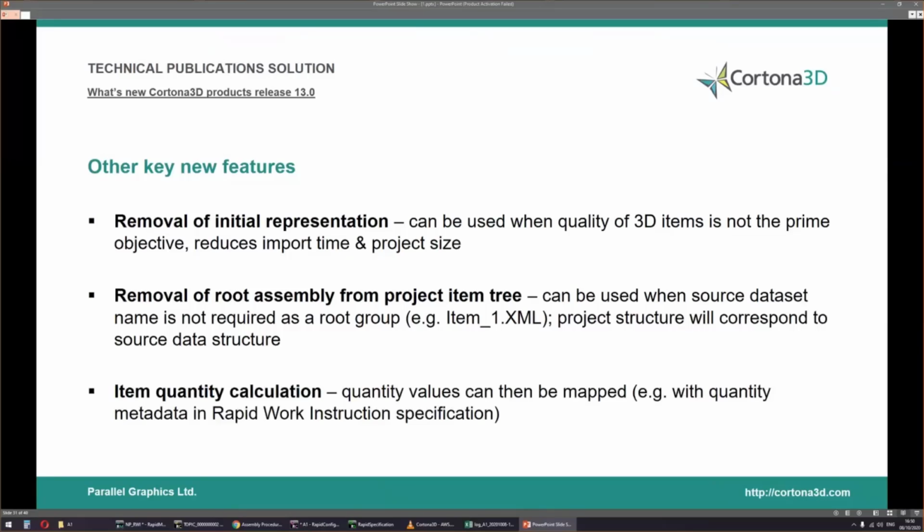And finally, one of the quite handy features is that we can calculate the number of items and use metadata for identifying a unique number of unique items, and these quantities can then be mapped with metadata. For instance, this can be used in RapidAuthor instructions to use in the bill of material tab.